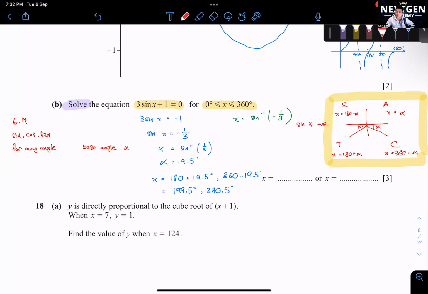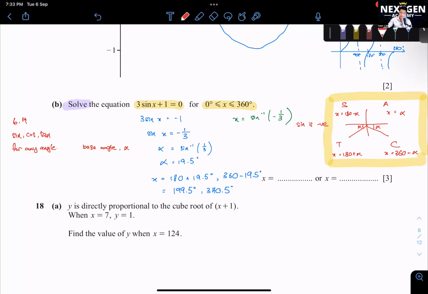Who has no idea what I am talking about here? Did you learn it before or not? Confirm you all have learned it. Either you never listened. It's part of your syllabus, right? This whole trigo part. So if you don't know, go into 6.4 and watch it.